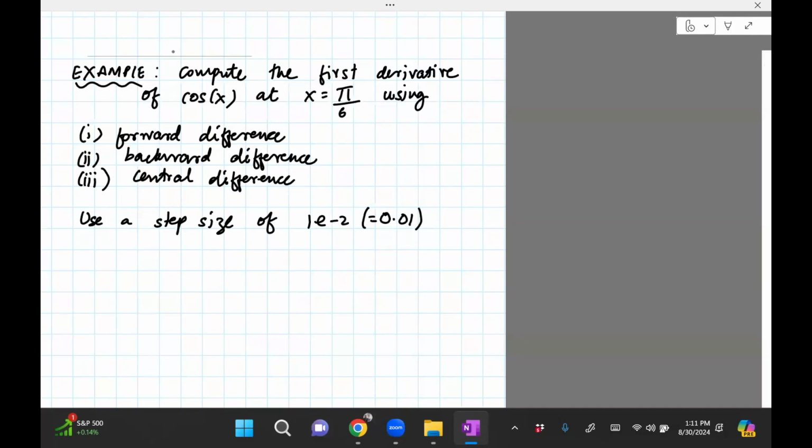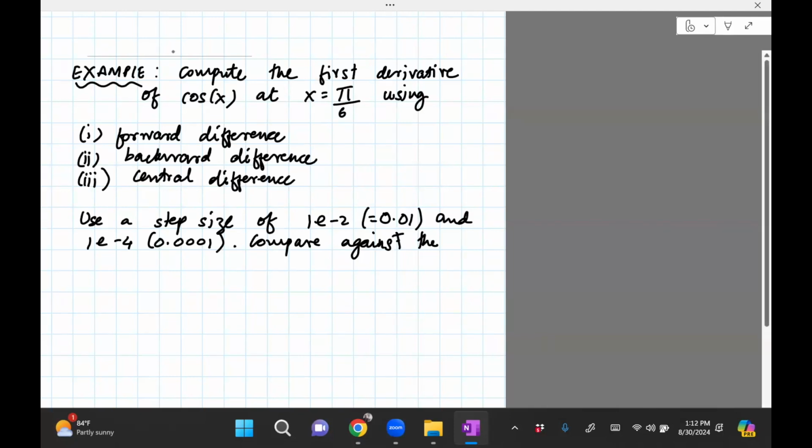That's the way you write 10 raised to negative something, and 1e negative 4, or 0.0001. And then we'll say compare against the actual value.